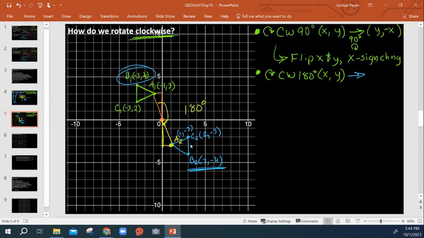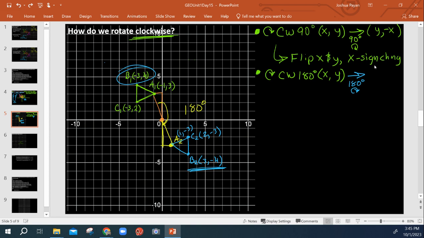So when we rotate 180 degrees clockwise, I had nothing flip the way I did when I rotated 90, but I did have sign changes. I had a sign change from negative 3 to positive 3 down here, and I also had a sign change from positive 4 to negative 4.